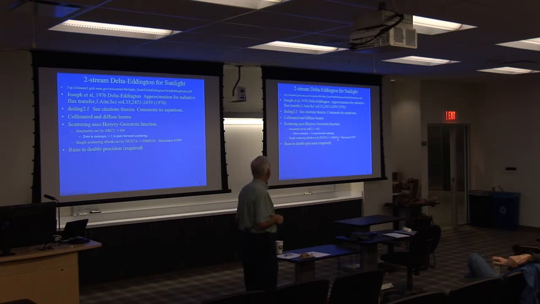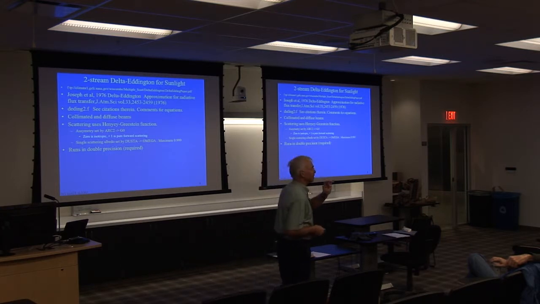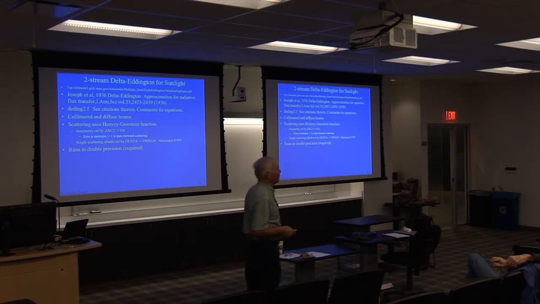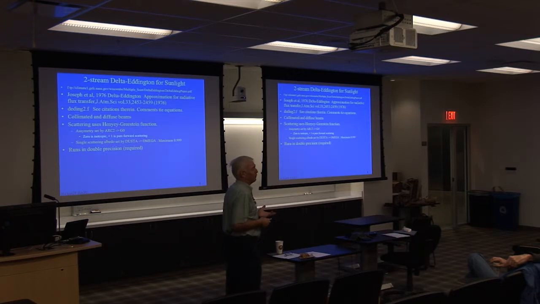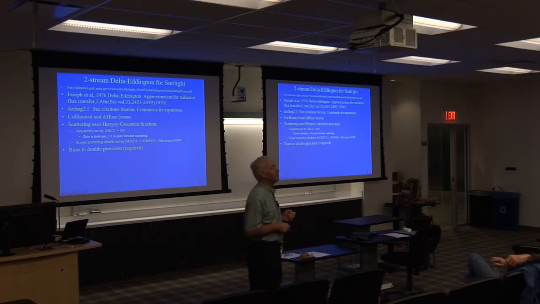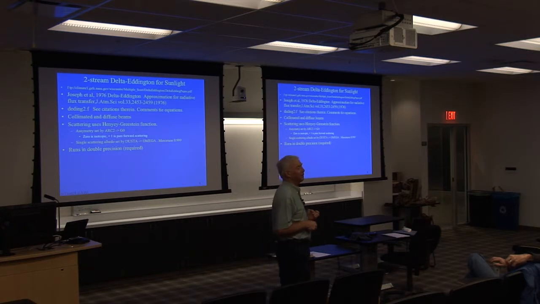And you can set the single scattering albedo, which is what fraction of light that hits the geometric cross-section gets scattered someplace or other versus absorbed. The maximum I allow is 0.999, which could be a limit for really good scattering particles.